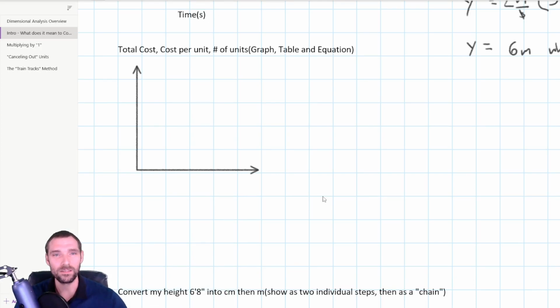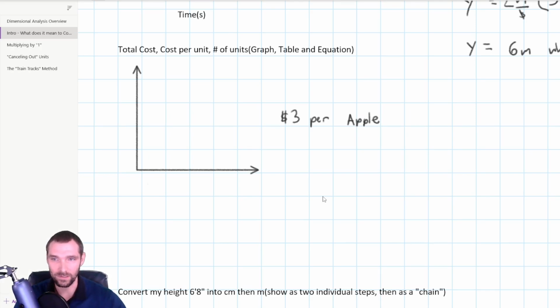So you could have some total cost that you're trying to spend at a store, cost per unit, and number of units. So let's say it's going to cost $3 per, I don't know, let's say apple.